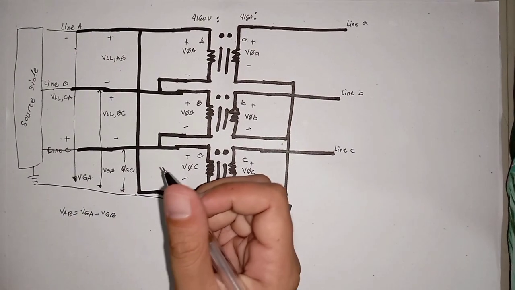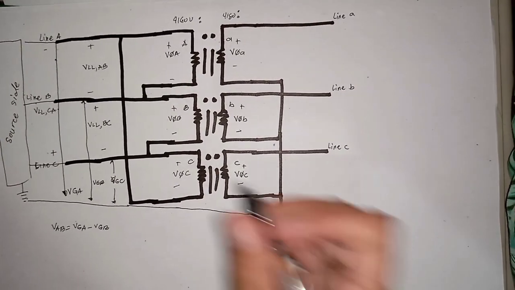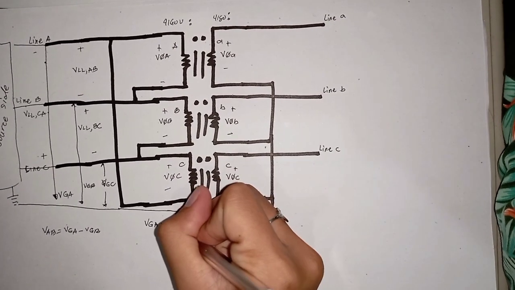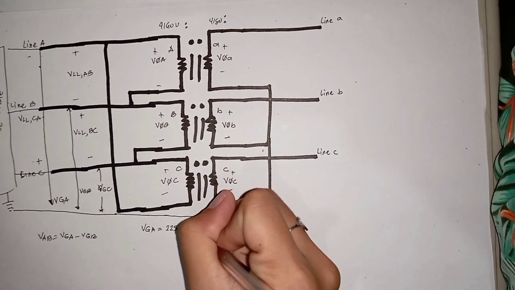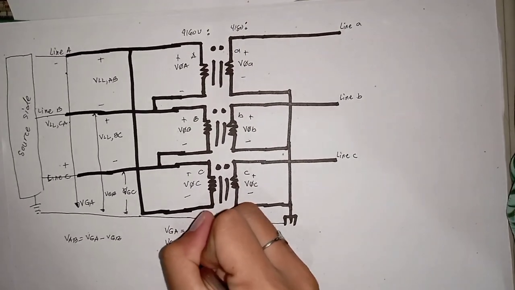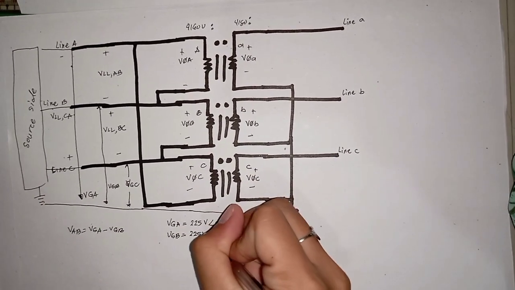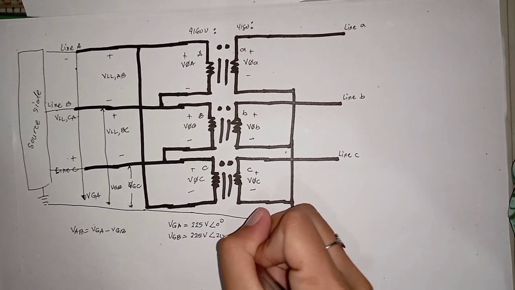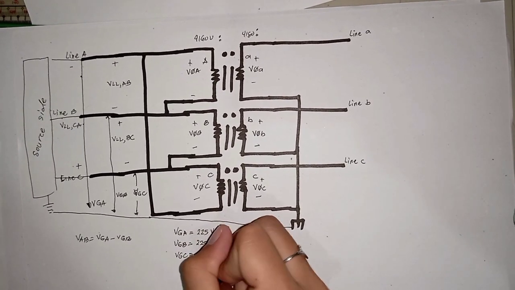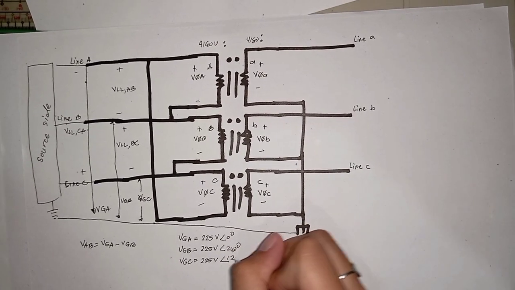So let's assume that our VGA is equal to 225 volts at 0 degrees, while our VGB is equal to 225 volts at 240 degrees, while our VGC is equal to 225 volts at 120 degrees.